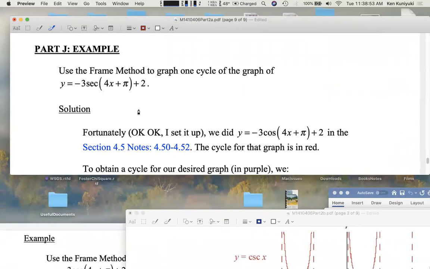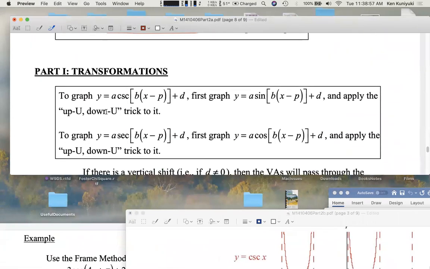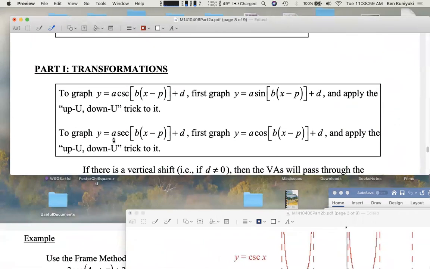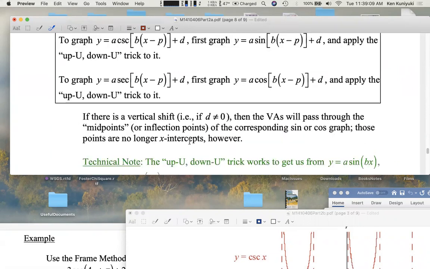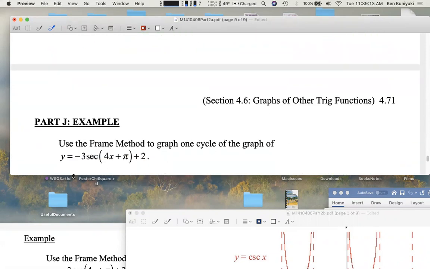All right. So in general, how do we graph something of the form y equals a non-zero number, times cosecant or secant of a linear function of x, all plus d? For example, how do you graph something like this?